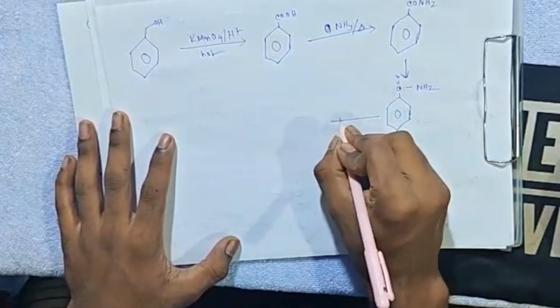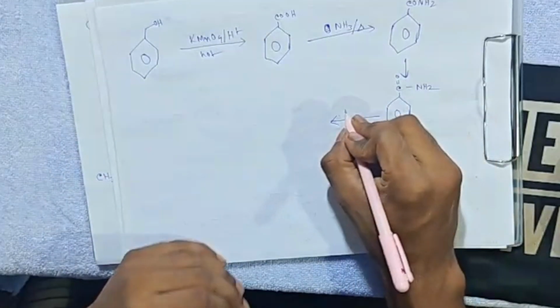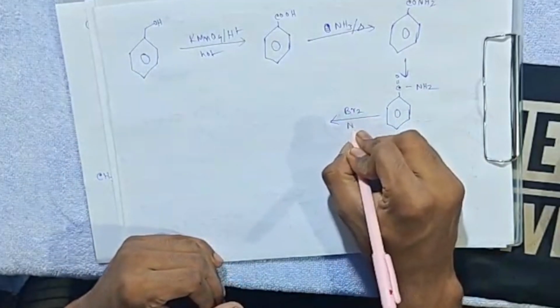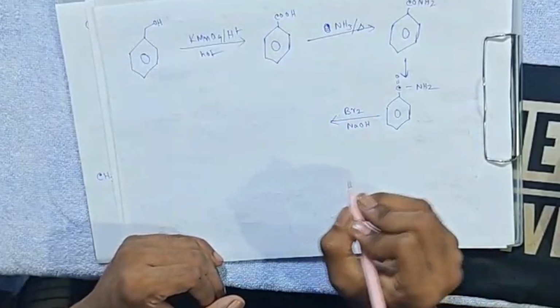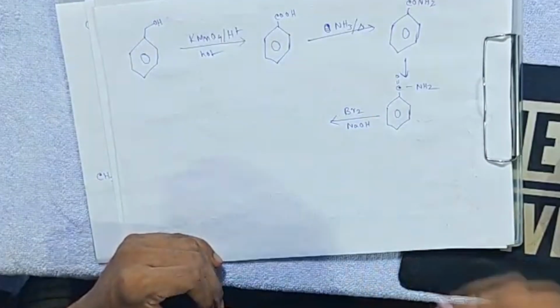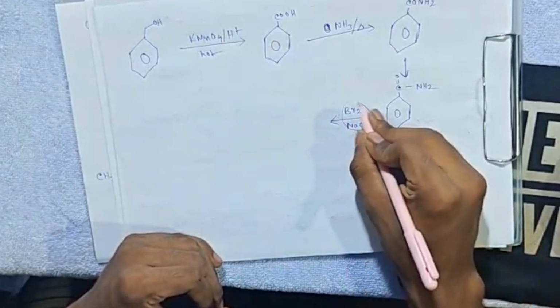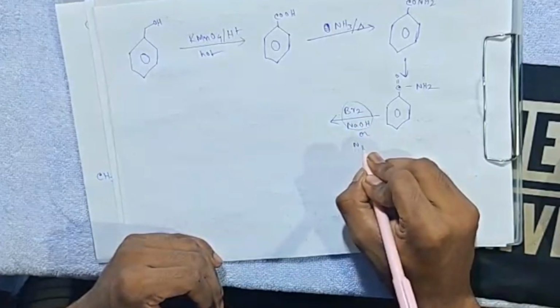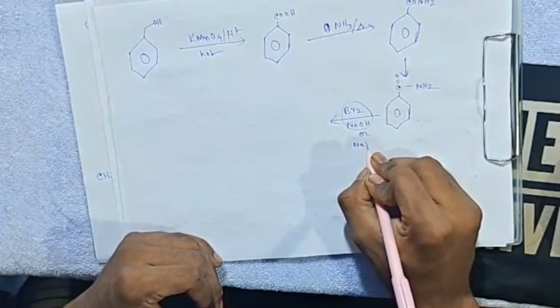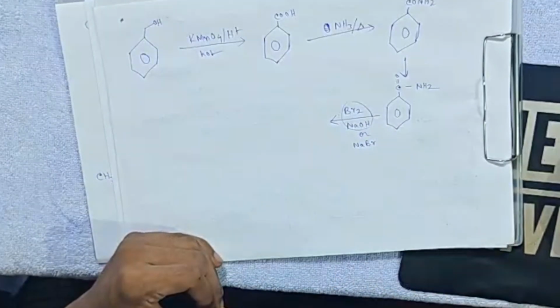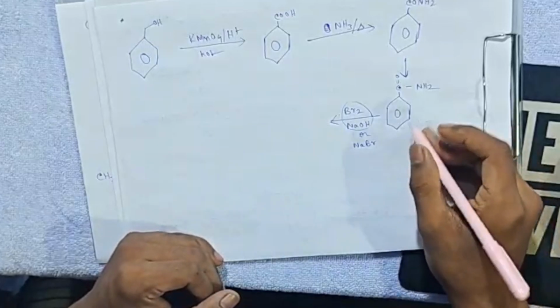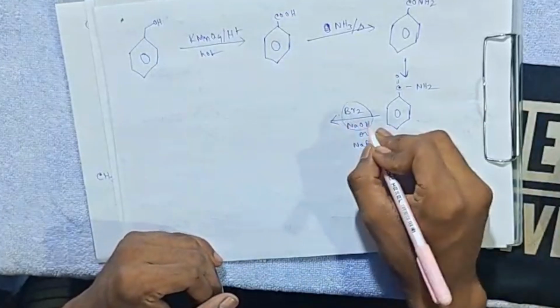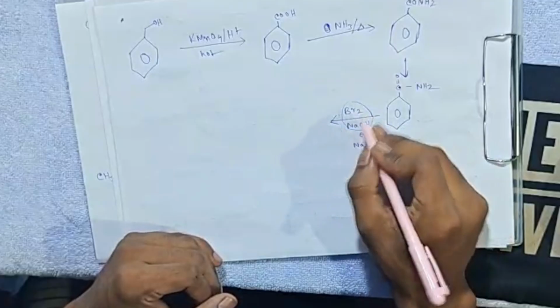In this, if you give Br2/NaOH, Br2/KOH, anything, the most common reagent for this reaction is Br2/NaOH.